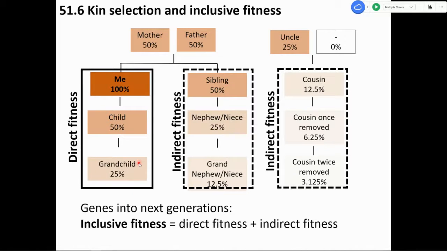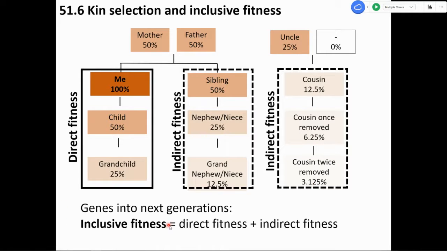However, there are other ways in which genes that I have can also be passed on. I'm 50% related to my mother, 50% to my father. And if I have a brother or a sister, they will share genes with me that will be passed on through their children. So my grandnephew or niece, and nephews and nieces, are the same as with grandchildren. So I can pass on some of my genes through there, or through more distant relatives.